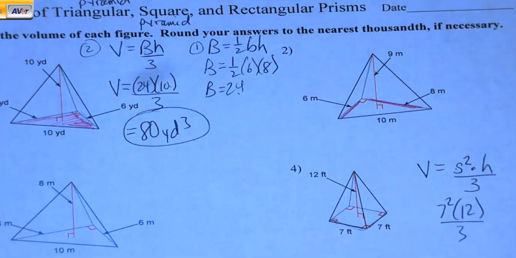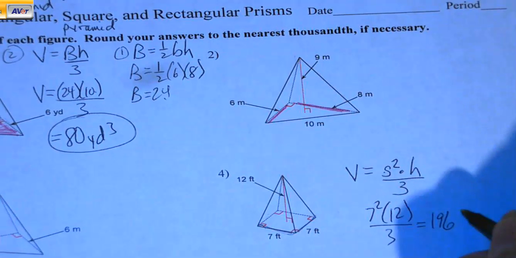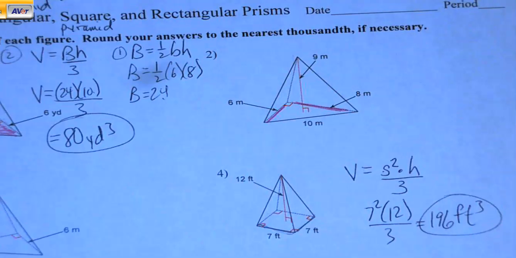Oops, Hardy needs to learn how to type things in on the calculator, but you saw nothing because I don't have it on the screen right now. So I got, hopefully you got the same thing. Oh, not on the screen. That's not helpful. 196 cubic feet. Again, with these, we're not having problems with order of operations. We can just type everything in, no matter what type of calculator we have. So that would cover us for 4, 5, and 6.